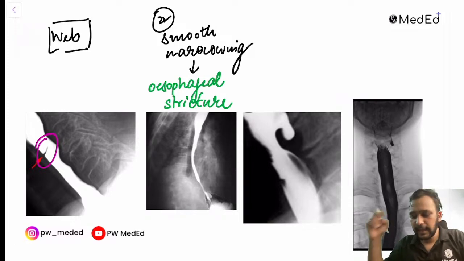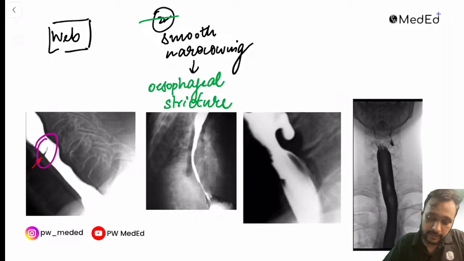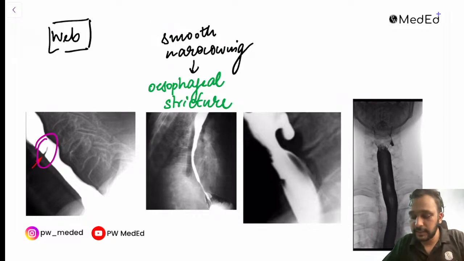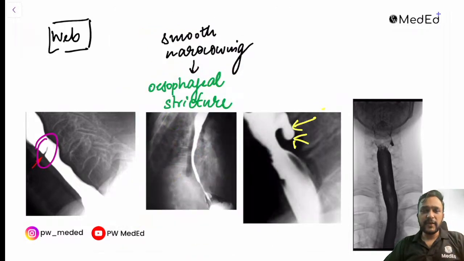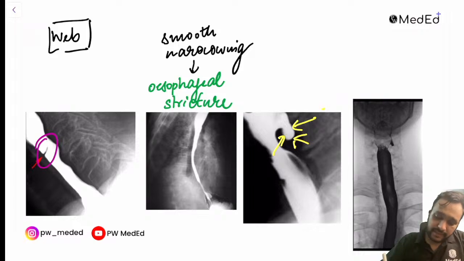Now looking at the third image, what are we able to see? Anyone who would like to answer? So in the third image, guys, we can see that there is a diverticulum arising from the posterior aspect of the esophagus.